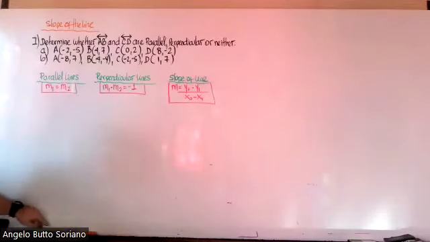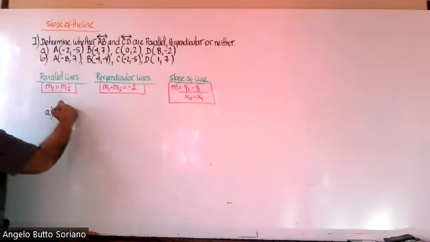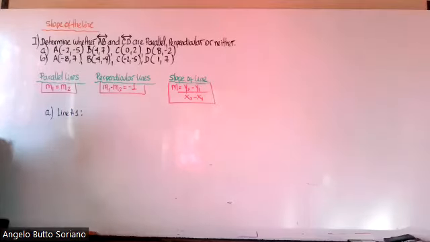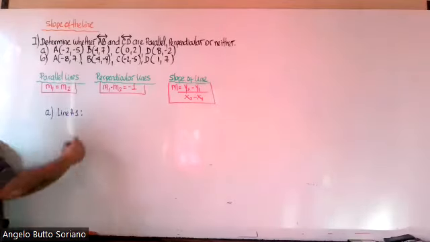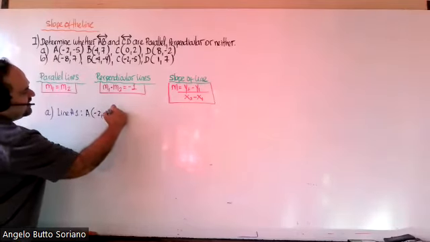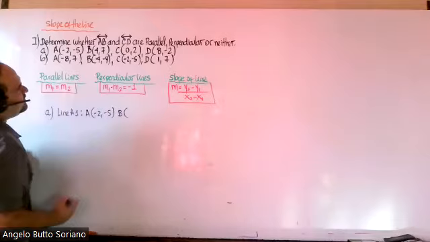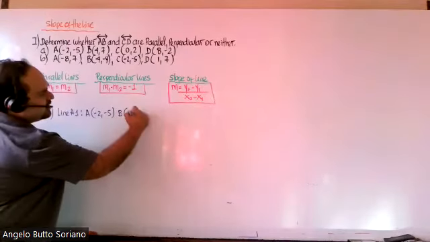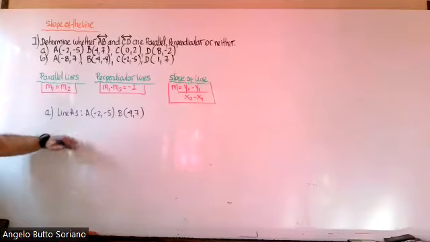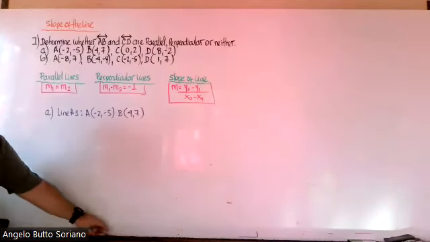For example, in the letter A, we have line number 1. What will be line number 1? Line number 1 will be given by the point A, given by (-2, -5), and the point B, given by (4, 7). What we have to do? Let's look for the value of the first slope.